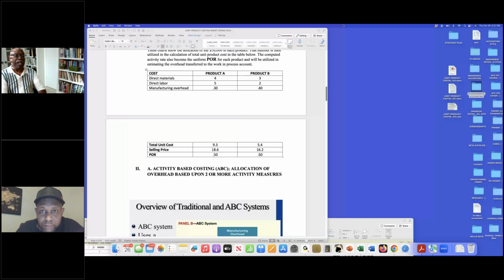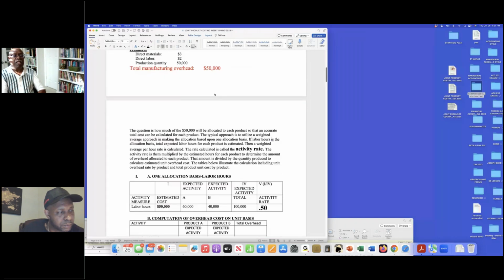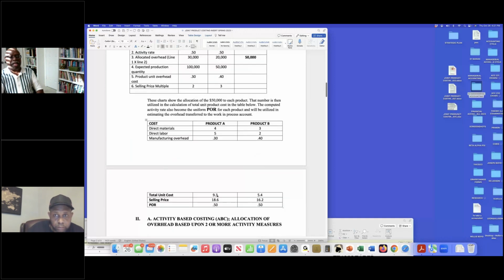Okay. We had to get direct materials and labor. That was given to us up here in the assumptions. Then we got the overhead by going through this little process and got the 30 cent and the 40 cent. Then we added them together. So the total unit cost is 9.3 for product A and 5.4 for product B. Our selling price multiples were 2 and 3.